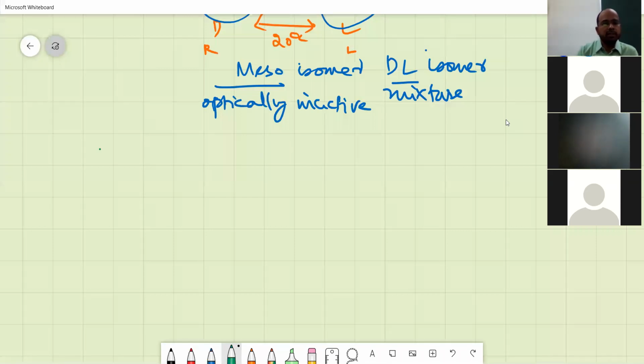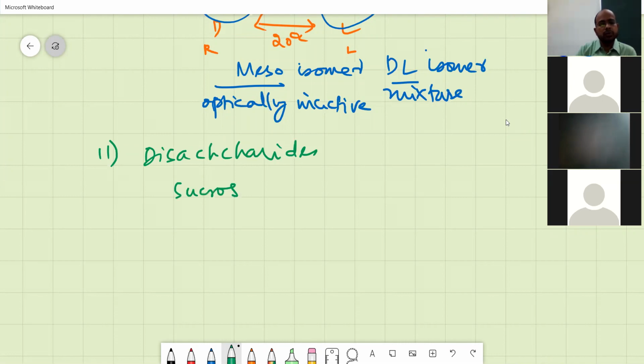In the 11th part, we'll see disaccharides. In the disaccharides, you have seen sucrose, maltose, and lactose. These are very, very essential. The combination of these things is very important.